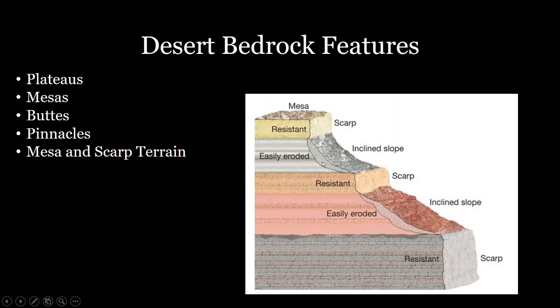What results is that the resistant layer has a steep scarp face because it doesn't erode as easily, and then the more easily eroded area has a more gently sloped inclined face. And you have that pattern of steep slope, gentle slope, steep slope, gentle slope, all the way down usually to the river that's carving out this terrain.